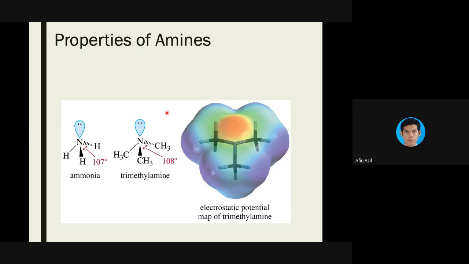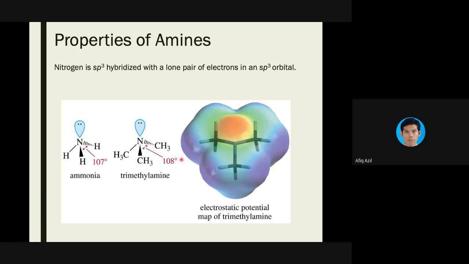That comes from the lone pair. The lone pair gives this part the almost orange color, so it is rich in electrons in the area with the lone pair of electrons. But on the other side, you have CH3, where there are no lone pairs available. All of the electrons are being used inside the bonds.